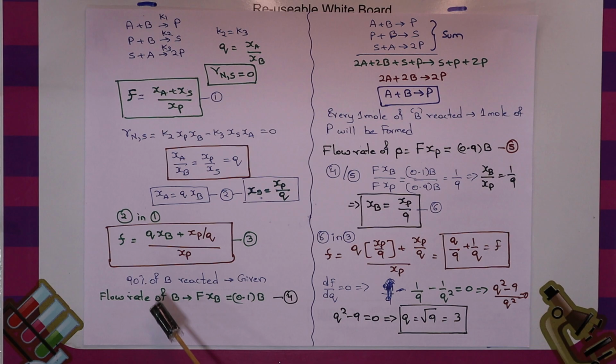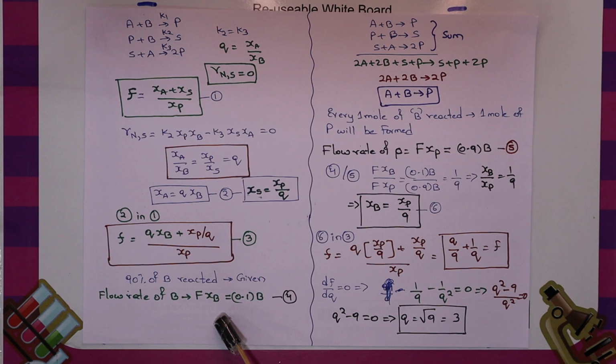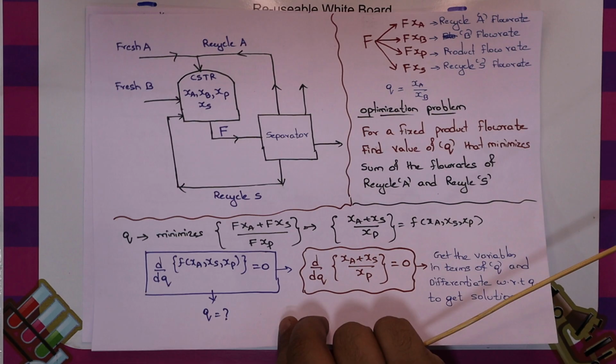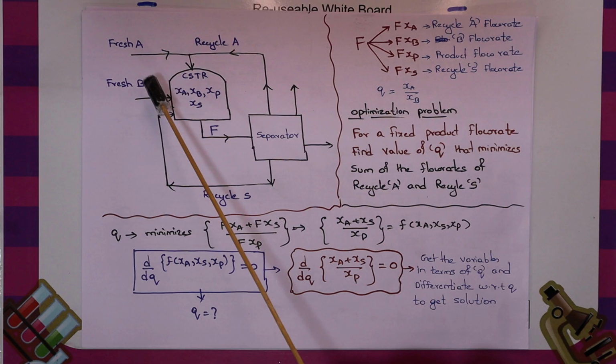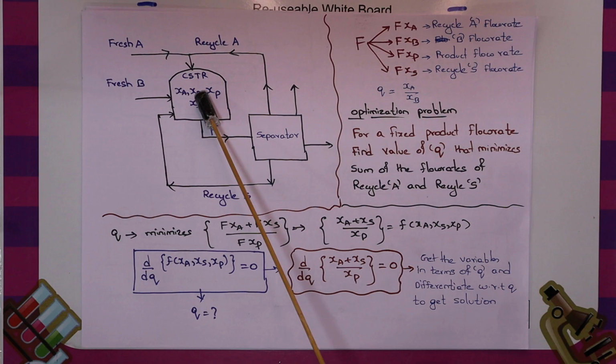Another piece of information is provided: 90% of B is reacted. How much flow rate is exiting the reactor? F into XB is nothing but 0.1 into B. Why 0.1 into B? If B is the inlet flow rate to the reactor, then after the reaction 90% of B got converted.